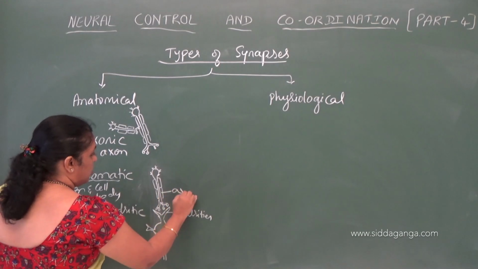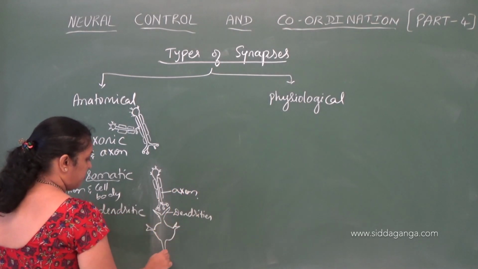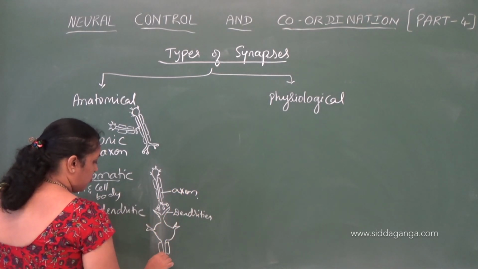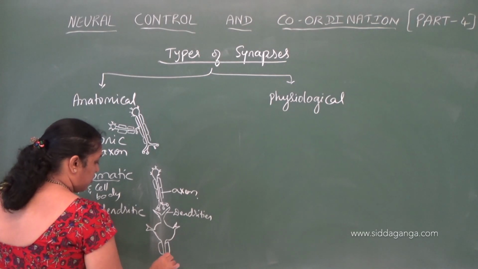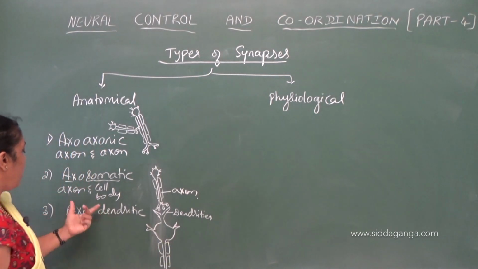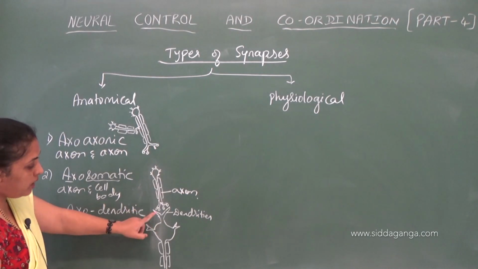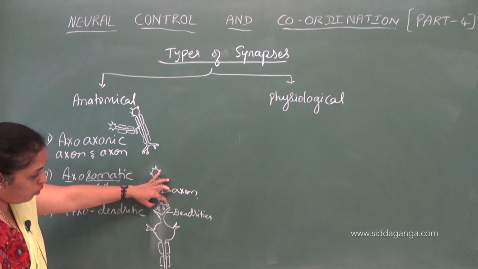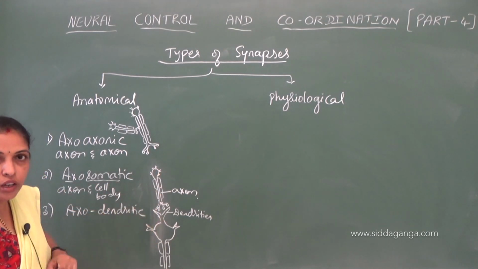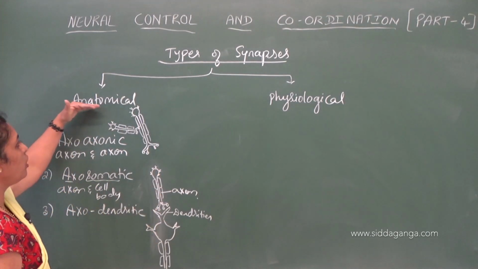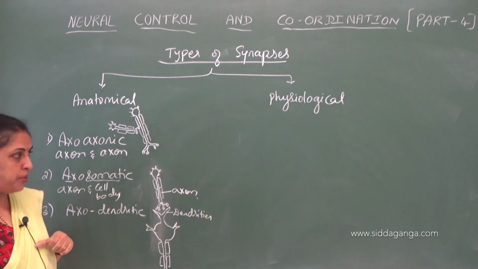Axodendritic synapses are more common, where we see a gap between the axon of one neuron and the dendrite of another neuron. This is about the anatomical classification of synapses.